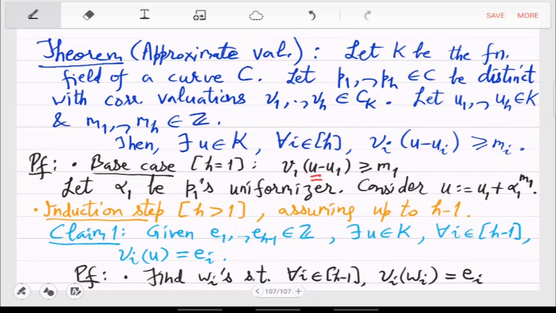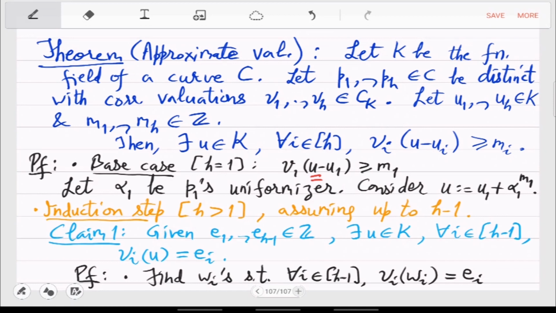This is easy because Wi depends on i, right? So this is just the thing we did in the base case. So Wi you can simply take the uniformizer alpha i to the Ei, right? So Wi you can construct trivially. So consider those Wi's.